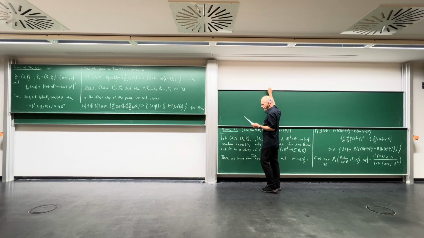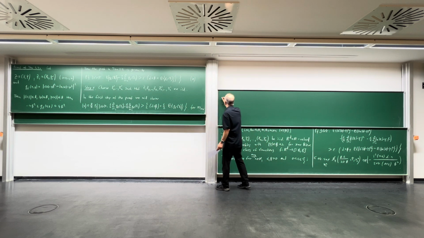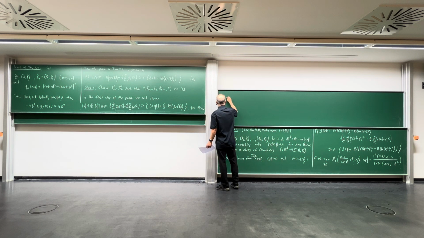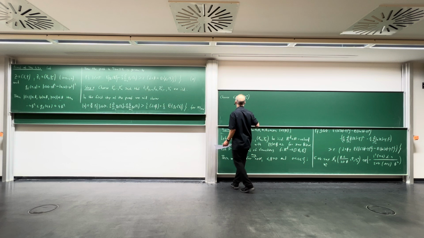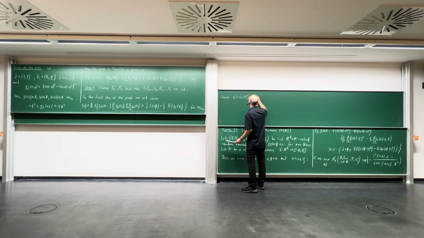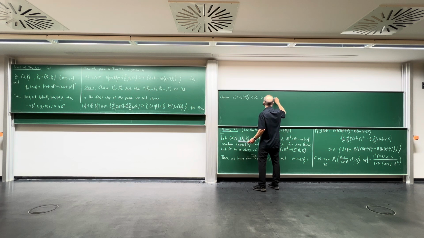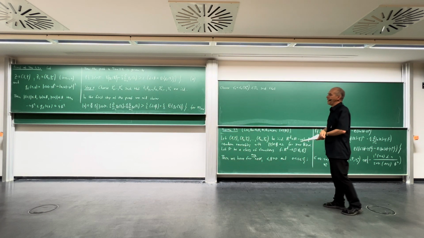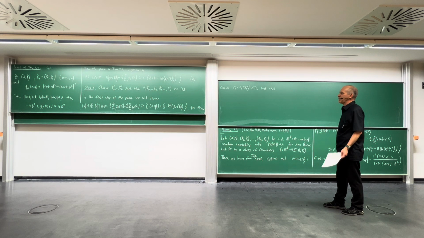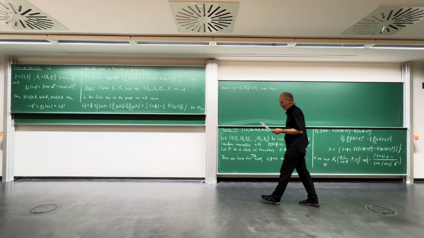How to do it? Choose fn, which depends on my whole sample, such that this expectation, so this whole thing with f replaced by fn, holds.